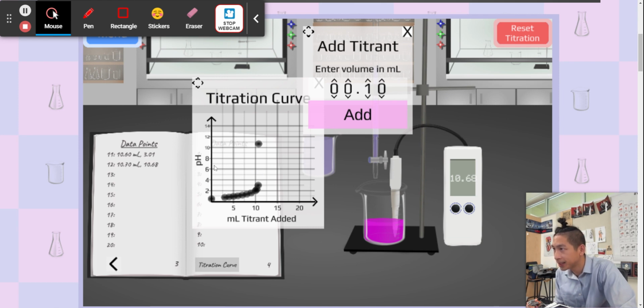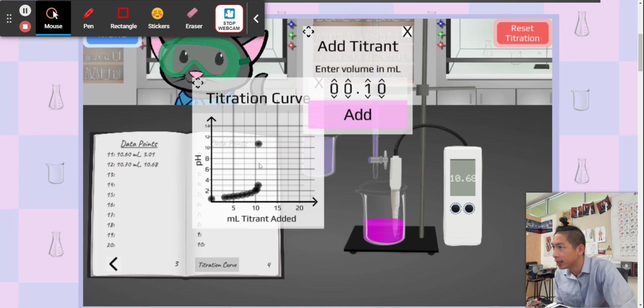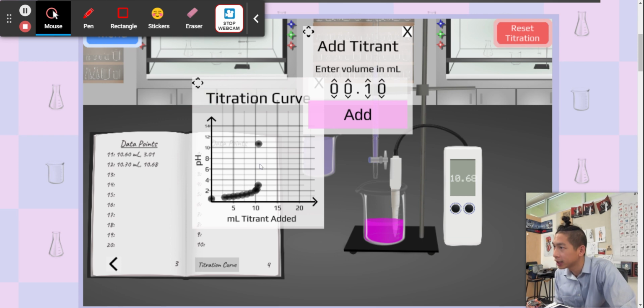Remember, the pH would be 7 at the equivalence point. So this happens in titrations where you overshoot, and that's all right. What we want to pay attention to is the approximate volume at which the equivalence point would be. So that would be at pH 7.